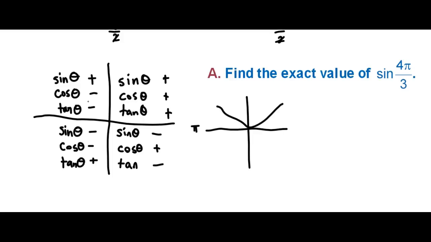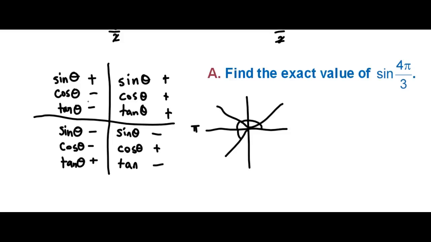I should have drawn my angles a little bit higher, but what I'm trying to say is this section and this section each make up 1/3 of pi. So 4/3 of pi would come down here. 1, 2, 3, 4.